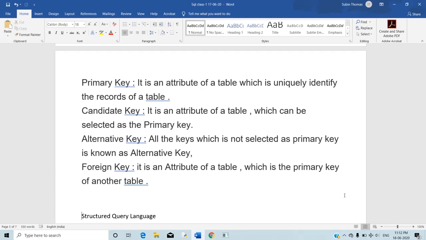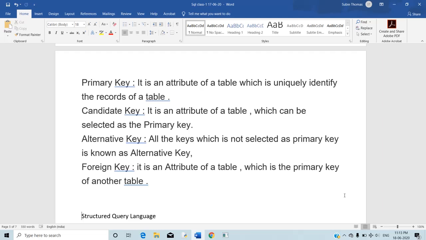Second, candidate key: any attribute of a table which can be selected as the primary key, which can be used to uniquely identify the tuples of a relation, is known as a candidate key. And the next one is alternative key. From the candidate keys, the keys which are not selected as the primary key are known as alternative keys.